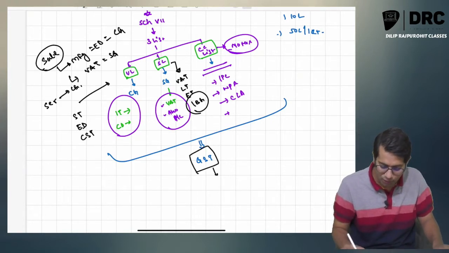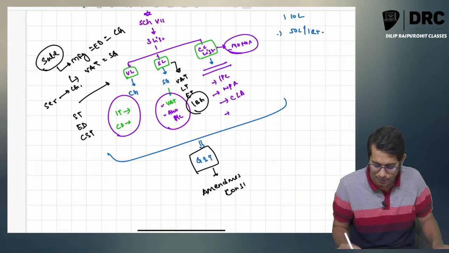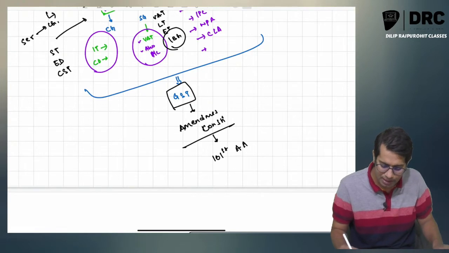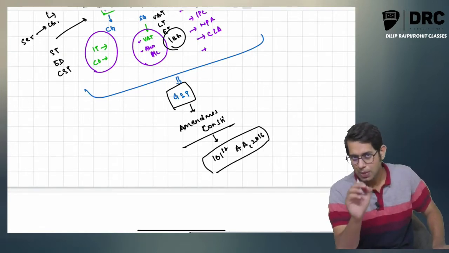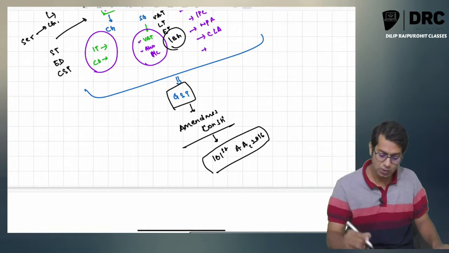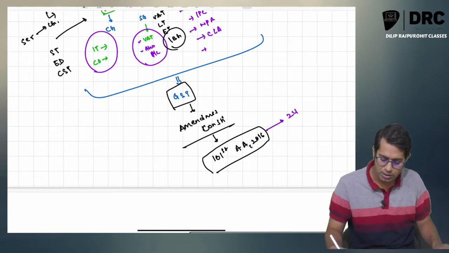Therefore, what happened? An amendment was made in our constitution, and the Constitution 101st Amendment Act 2016 was passed. By this amendment, they introduced various different articles, and one such article is Article 246A.